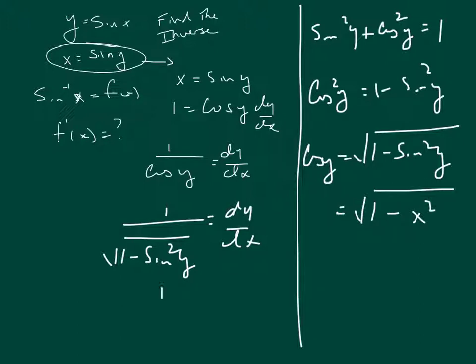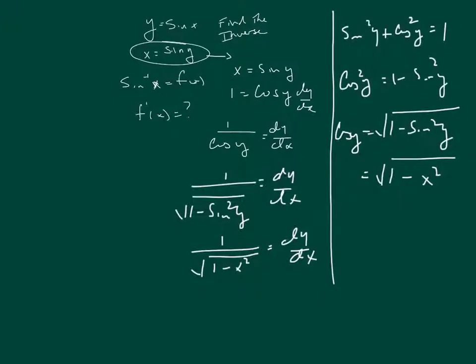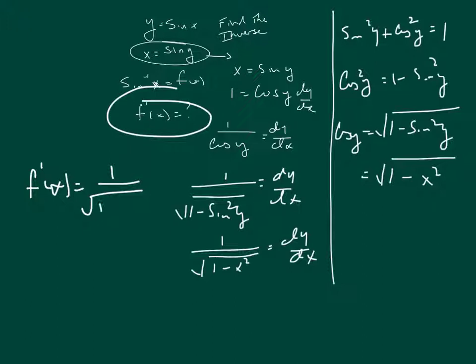Well, that's a nice form. So it's 1 over the square root of 1 minus x squared is dy dx, which is our derivative. Excellent. So that means that f prime of x for inverse sine is equal to 1 over the square root of 1 minus x squared. Good.